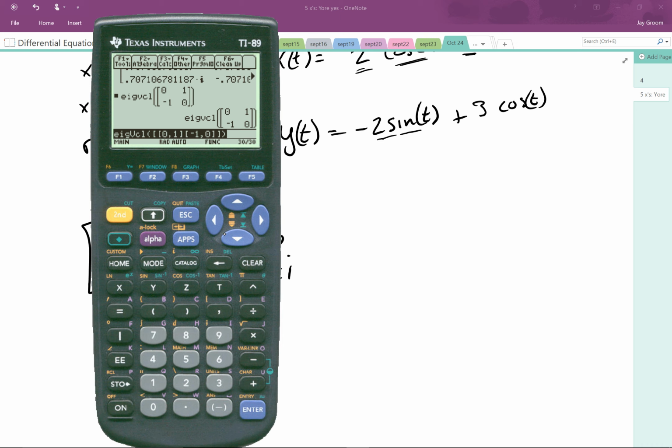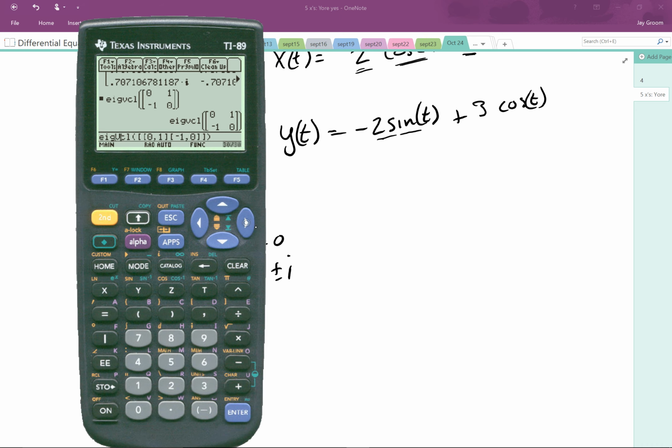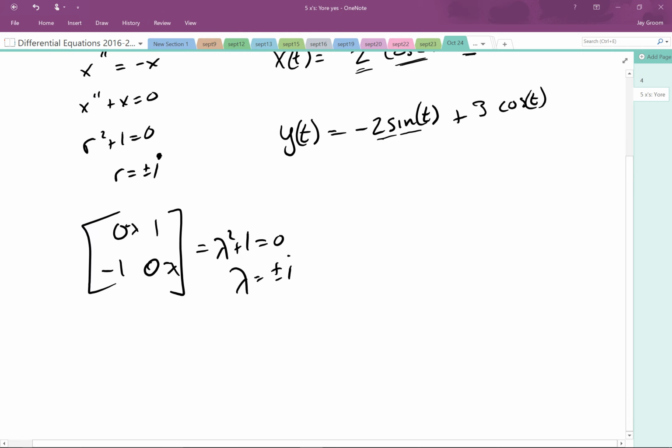Oh, it's not going to like that because you didn't get rid of the C. So the first one it gave you is i. So that's cool. In other words, if you'd plugged i into this, you would have gotten negative i and 1, and negative 1 and negative i.